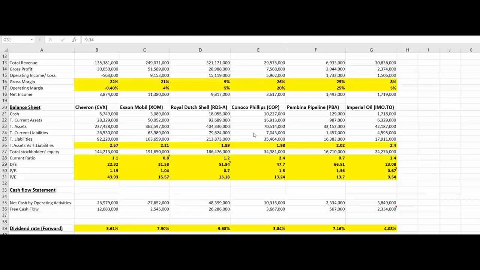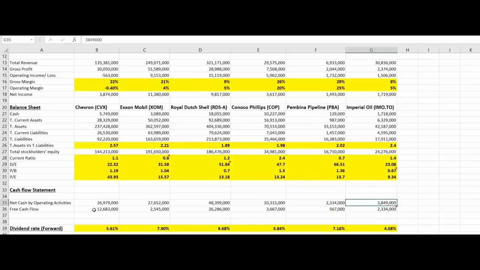Comparing the companies, Chevron is at 26.97 billion, ExxonMobil 27 billion, Royal Dutch 48 billion, ConocoPhillips 10.3 billion, Pembina 2.3 billion, and Imperial Oil 3.84 billion.